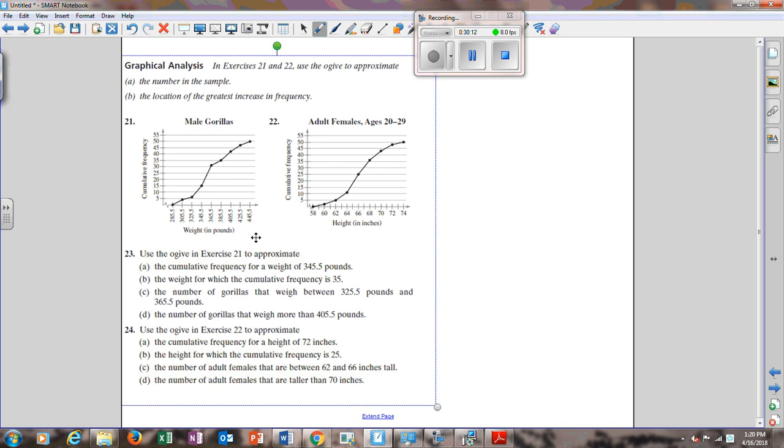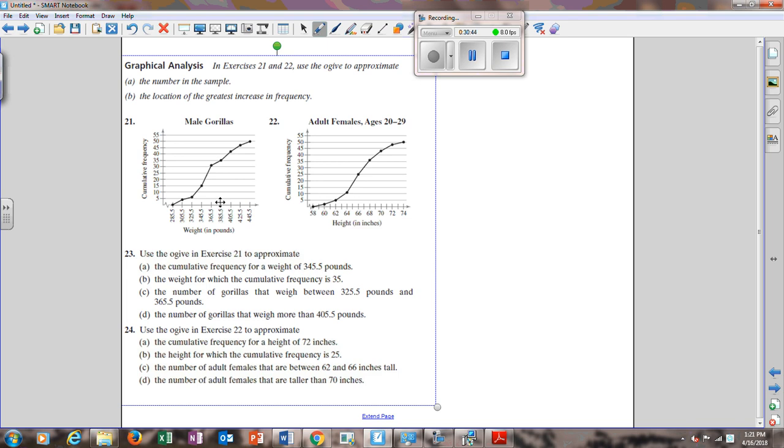Moving on, 23, cumulative frequency for a weight of 345.5 pounds. So cumulative frequency will be the total amount going up to that point which would be 15. Then the weight for which the cumulative frequency is 35, so you just go up to 35. And what weight is that? 385.5.